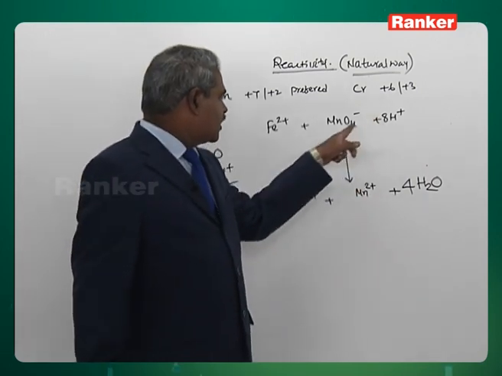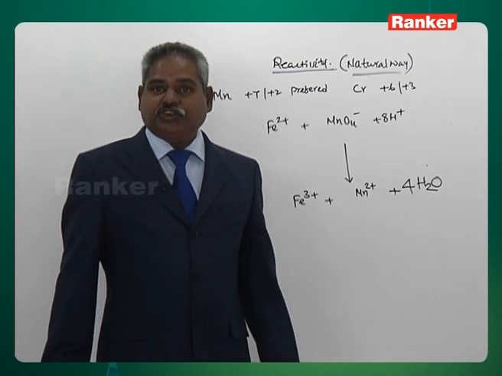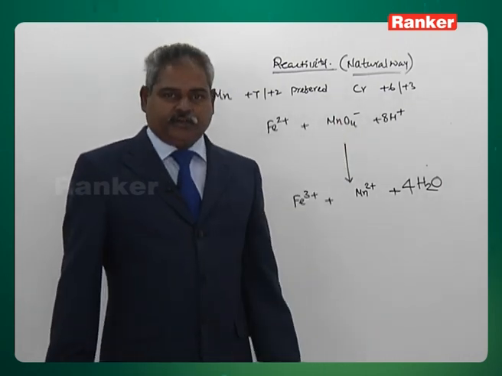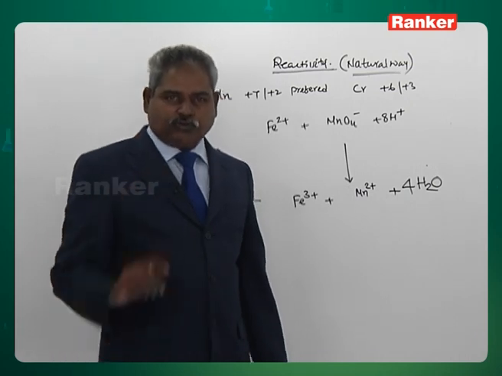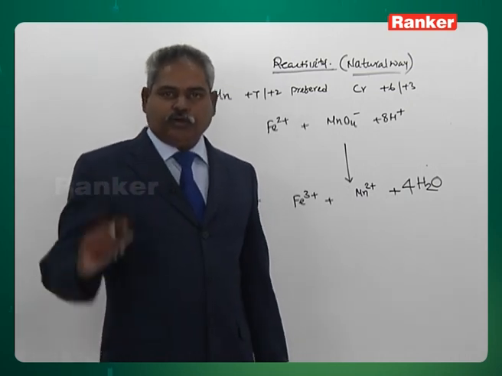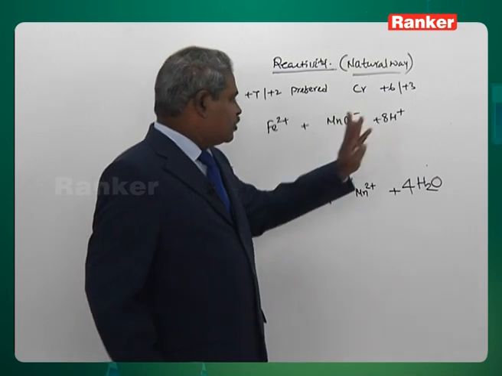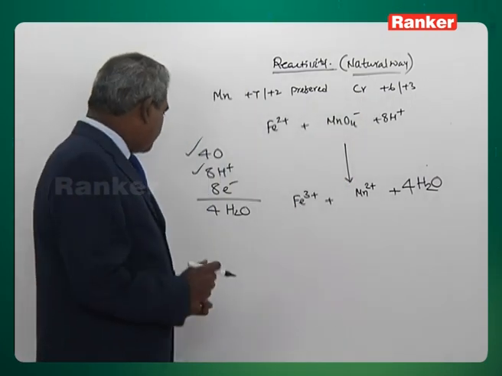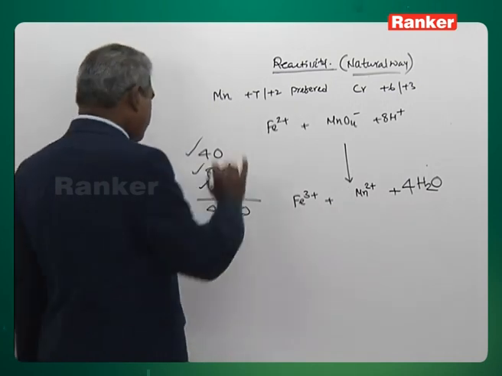Perhaps HCl is not the right bet for this reaction, because Cl minus also acts as a reducing agent. So, perhaps we take H2SO4, non-controversial H2SO4, which gives you 4 H2SO4 to make 8 protons. So, the question is, where do you get the 8 electrons from?